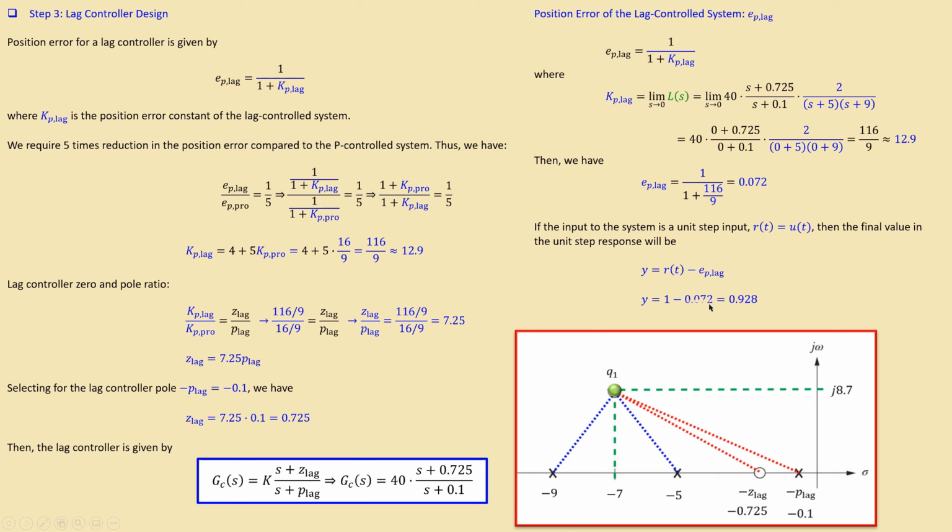That means 1 minus 0.072, which will be 0.928. That is the value we will see in our unit step response. So this is the final value of our lag controlled system.